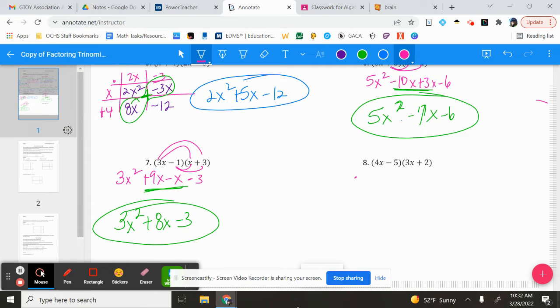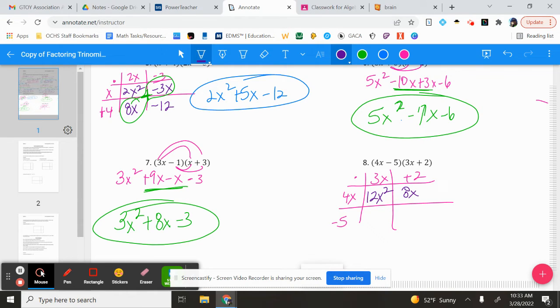And I'll box the last one just to give us another look. 4x minus 5 over 3x plus 2. So we're going to multiply these two things together. 4x times 3x is 12x squared. Remember, there's two x's there, so it must be squared. 2 times 4x is 8x.